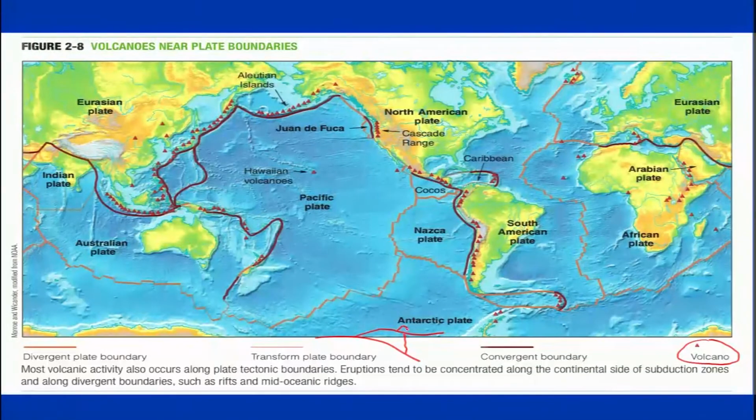Otherwise, you will not see volcanic eruptions in all plate configurations. It is difficult, because you need a source which will melt in the deeper part of the Earth's interior and result in volcanic eruptions. Again, in this subduction zone we have volcanoes here, but we don't have volcanoes in this area.